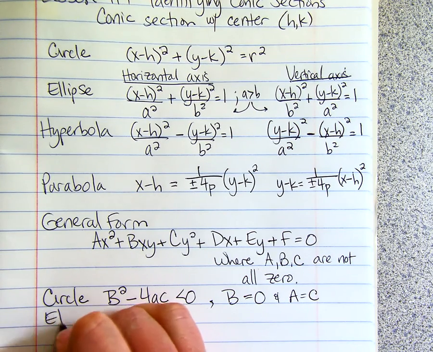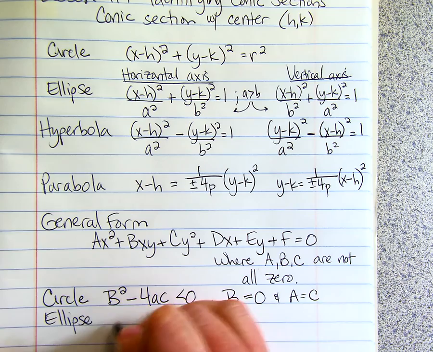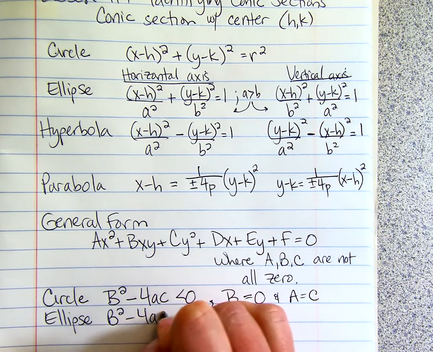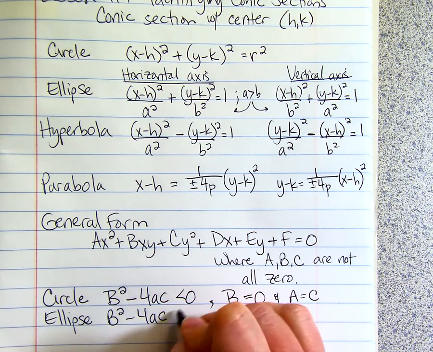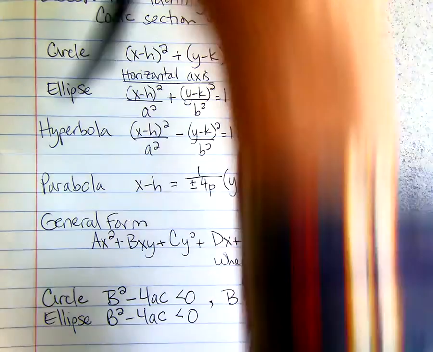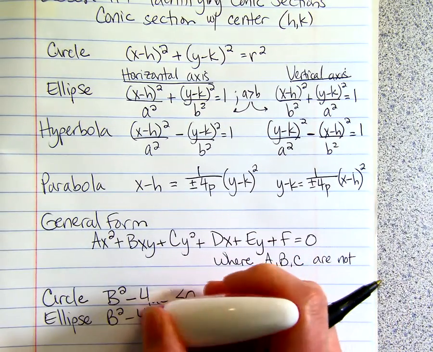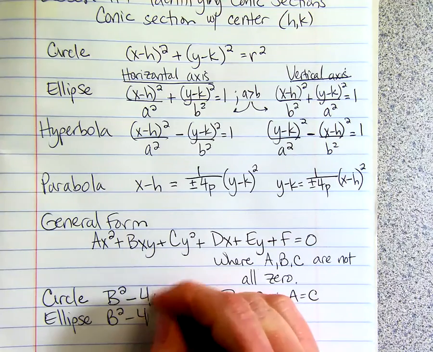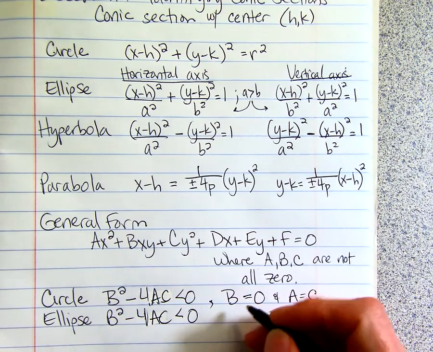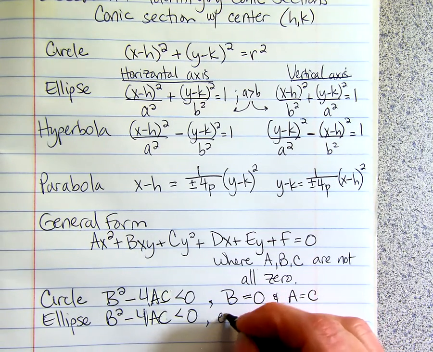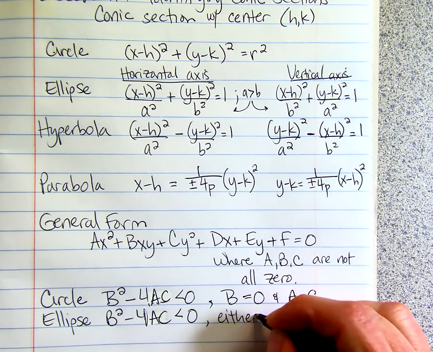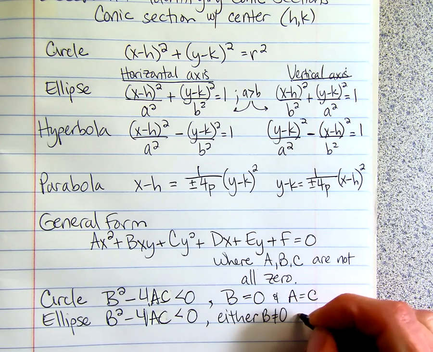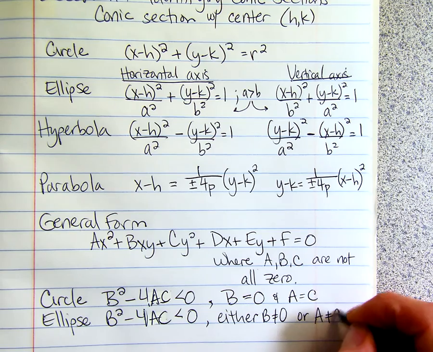With an ellipse, b squared minus 4ac will be less than 0. I want to make my a and c capital on both of these because we're talking about our general form. And either, but not both, B does not equal 0 or A does not equal C.